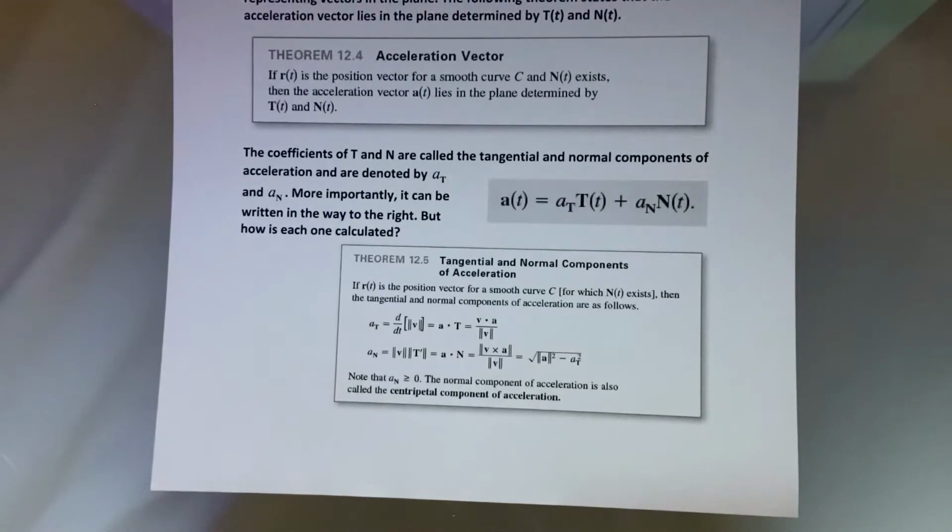Now for a sub N, it's the magnitude of v times the magnitude of T prime, which is the dot product of a and N, which is the magnitude of the cross product of v and a divided by the magnitude of v, or the square root of the magnitude of a squared minus a sub T squared.